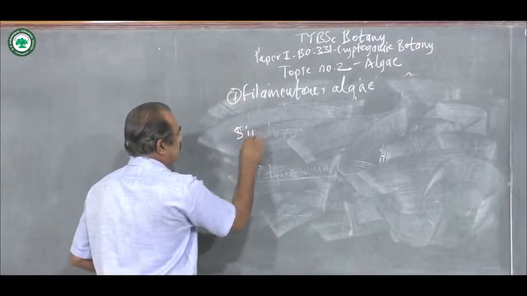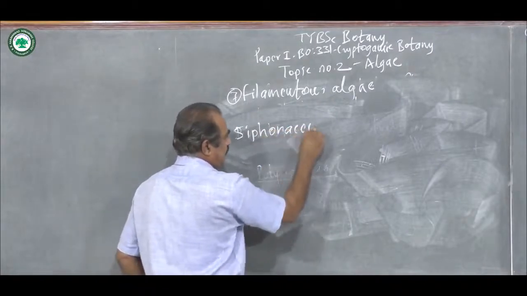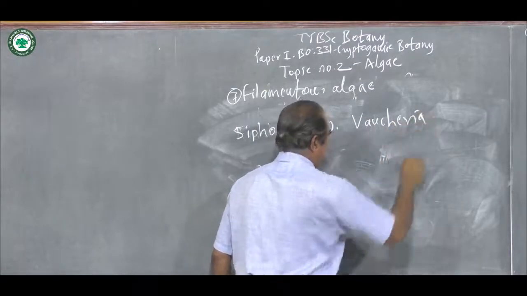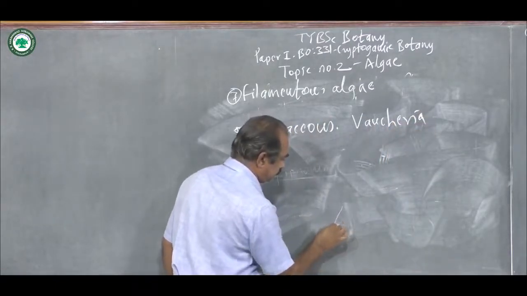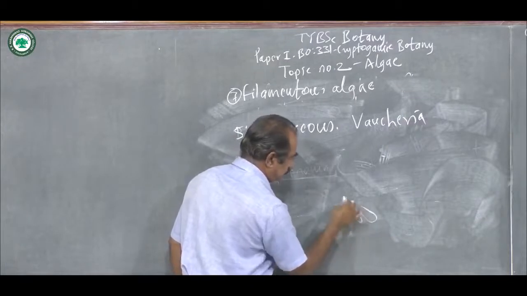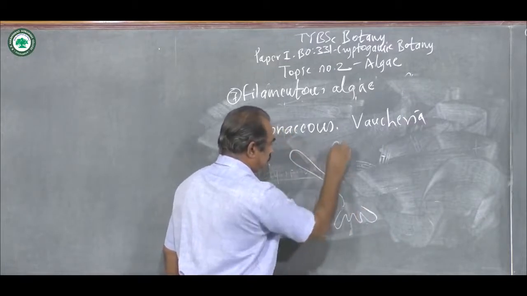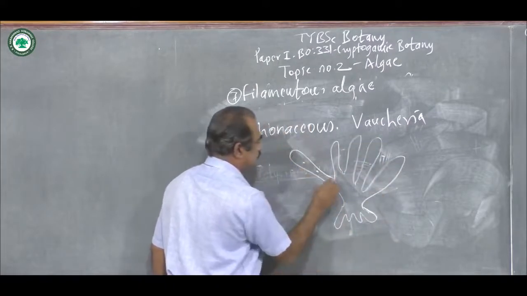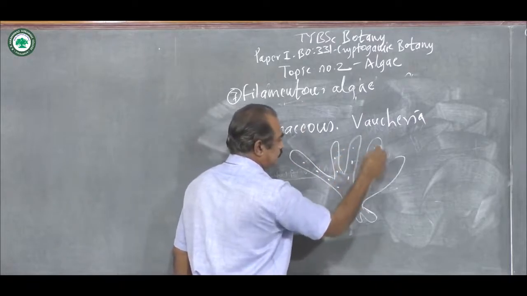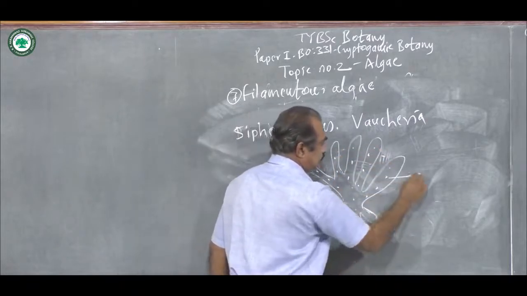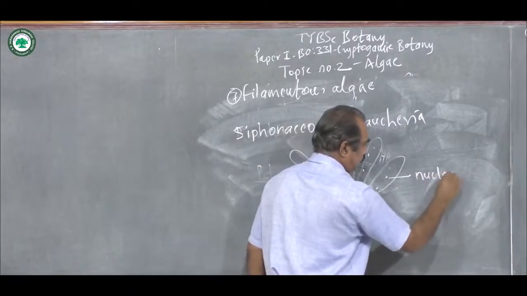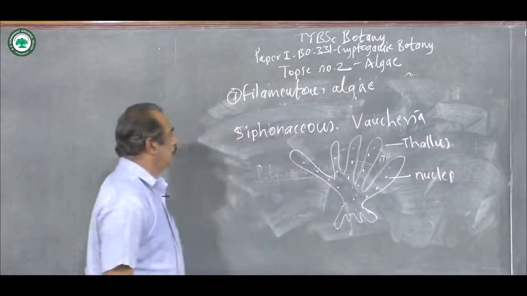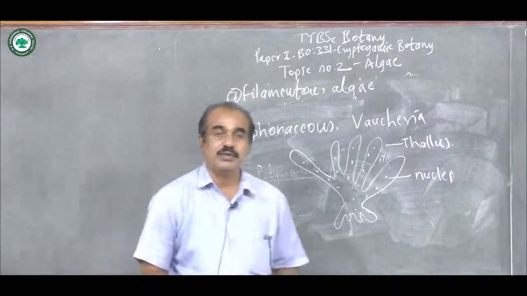Next, Siphonaceous. Example, Vaucheria. Here this structure does not show cross walls.